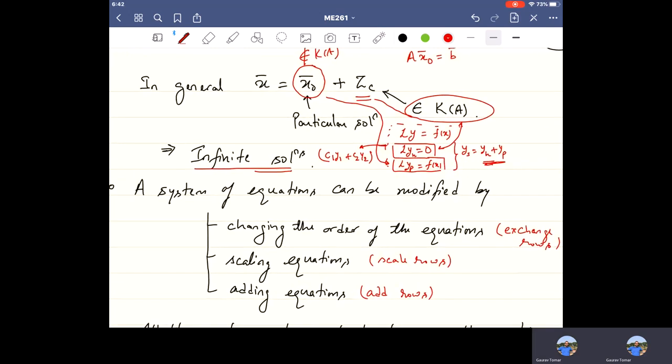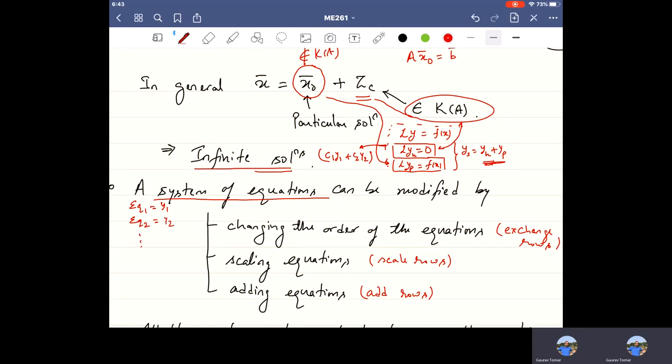moving on, we see that we had listed a system of equations. Clearly, in this system of equations, you can have equation 1 equal to, let's say, y1, equation 2 equal to y2, and so on. You have these set of equations, right? I can arrange them in a different way.